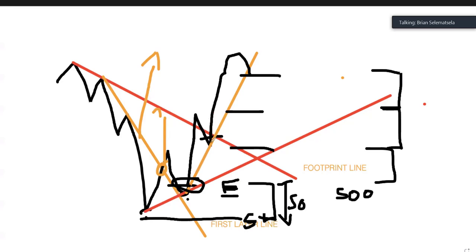Now, when you come to the re-entries and you use a bigger lot size like 75% or more, you will start calculating more, because this lot size will also be based on the profit that you've already made.